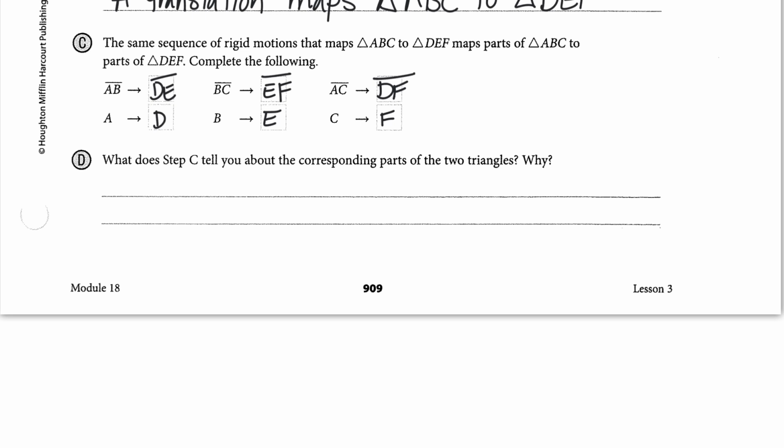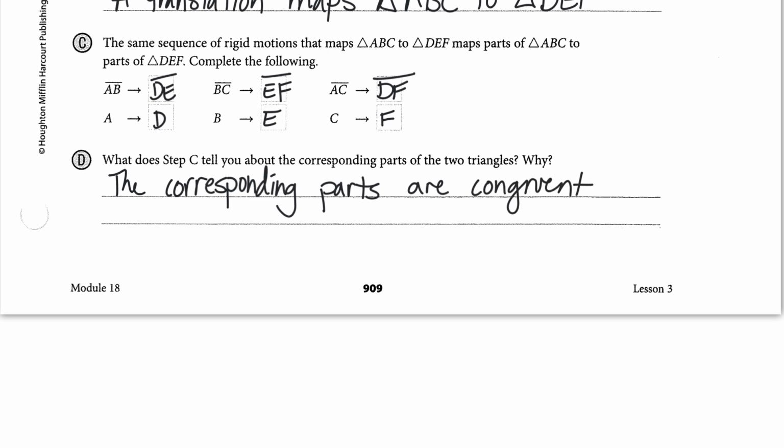What does step C tell you about the corresponding parts of the two triangles? The corresponding parts are congruent, since they can be mapped onto one another.